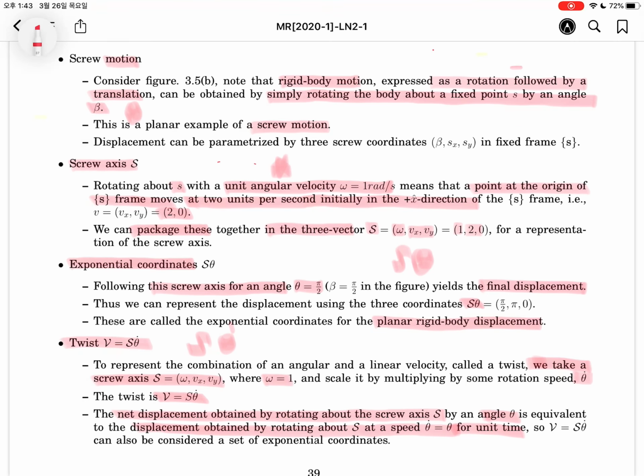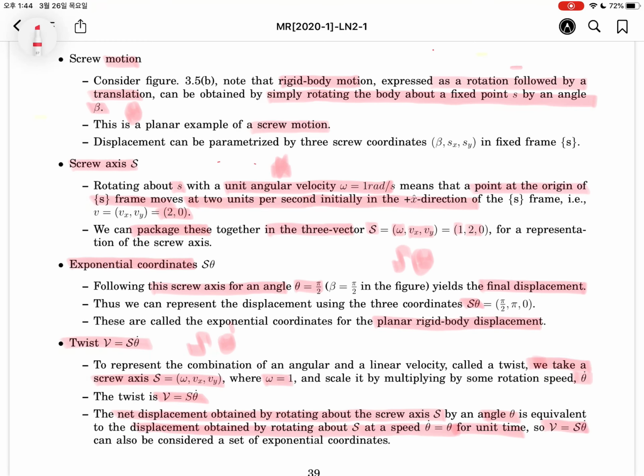Is it right? So if you assume all movement is finite in 1 second, at that time theta dot is equal to theta all the time. Like this, the twist can be interpreted as an exponential coordinate as a special case.